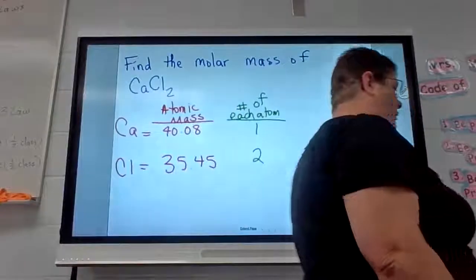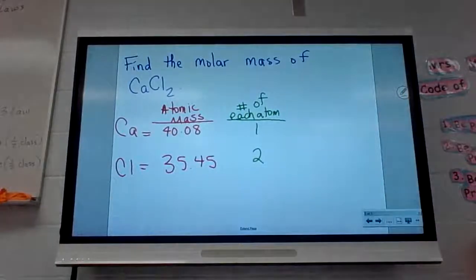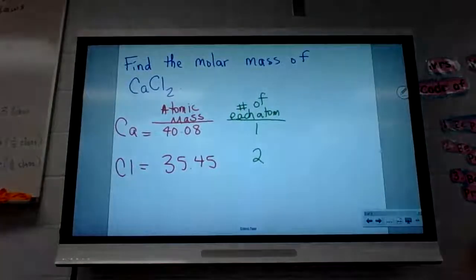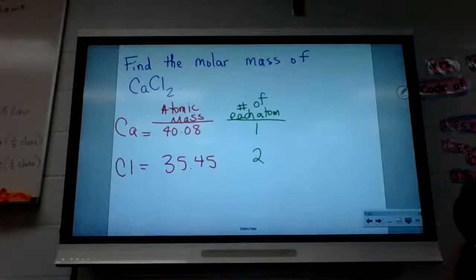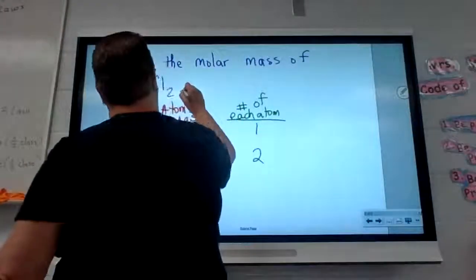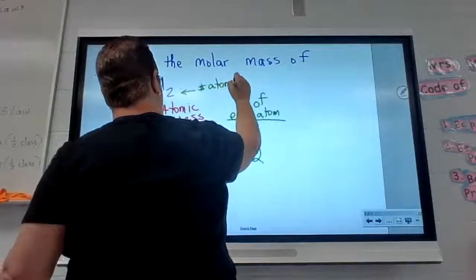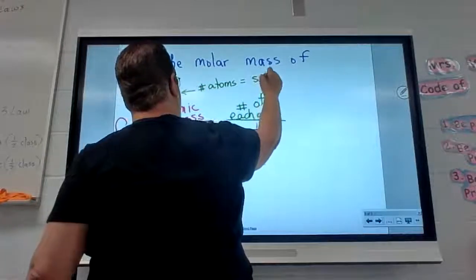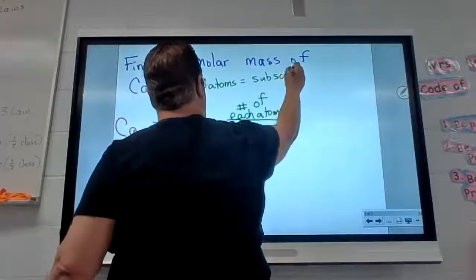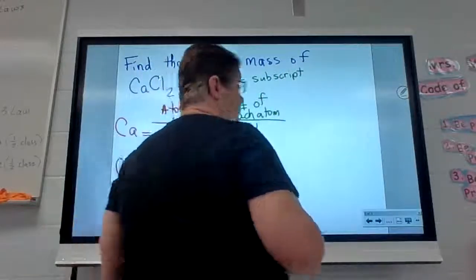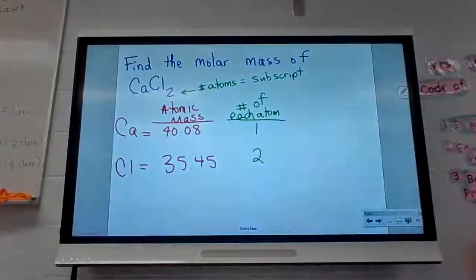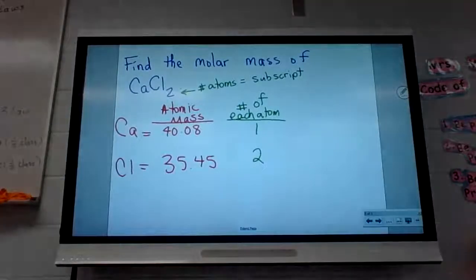Now, how did Michaela know that except she's super smart? She looked at their subscripts. Okay? This right here tells the number of atoms. It's called a subscript. That's how we figure out the number of atoms. The subscript tells us that.